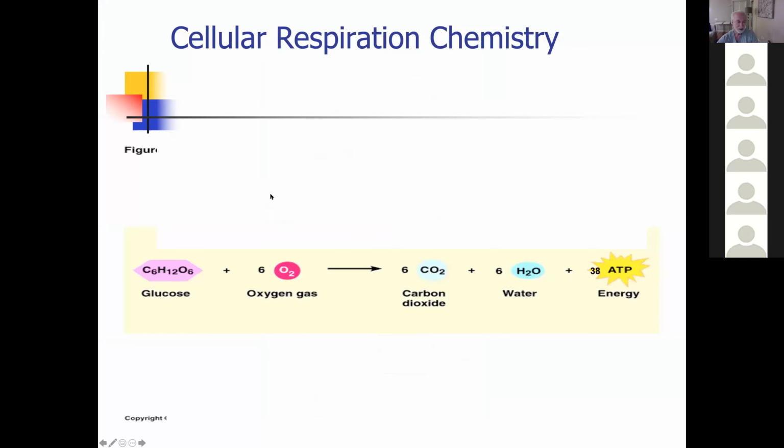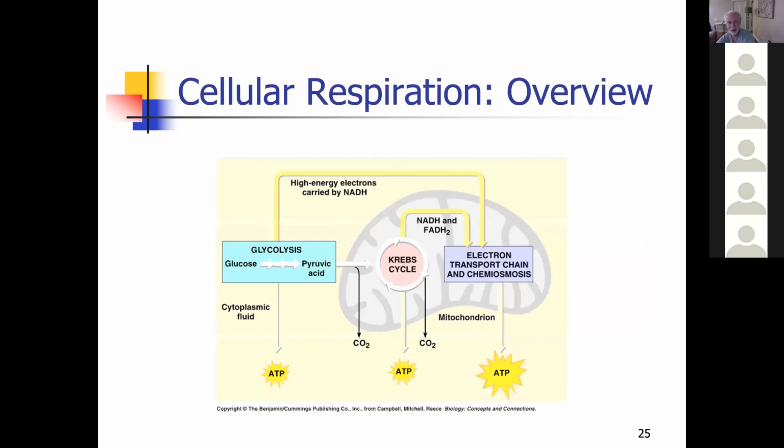So the chemistry of cellular respiration is very simple at a superficial level. Glucose plus 6 oxygen is converted to 6 carbon dioxides, 6 waters, and 38 or 36 ATPs. Respiration overview: we've gone through the details of this.